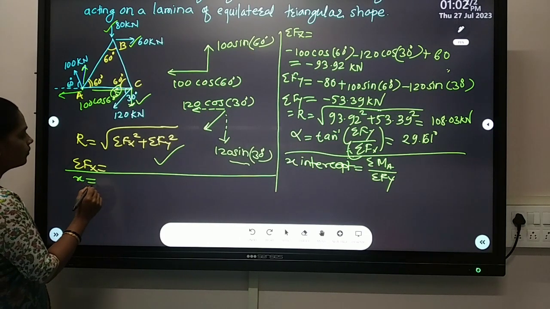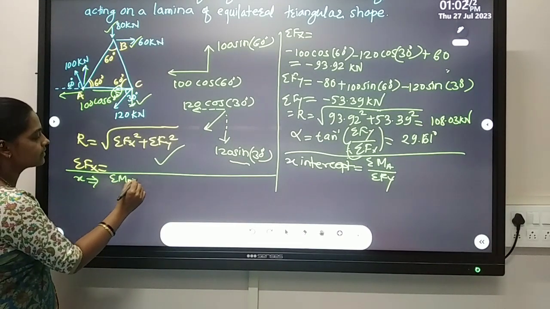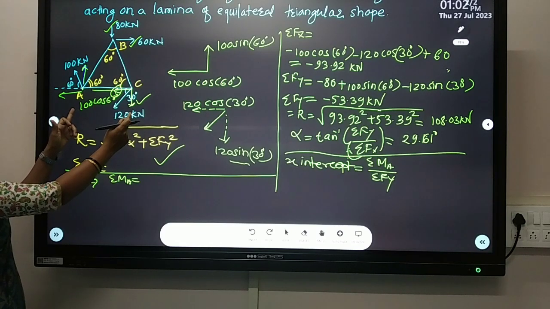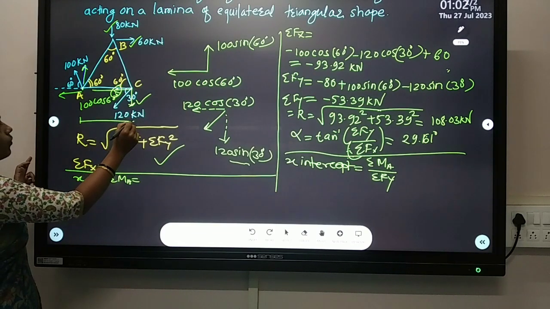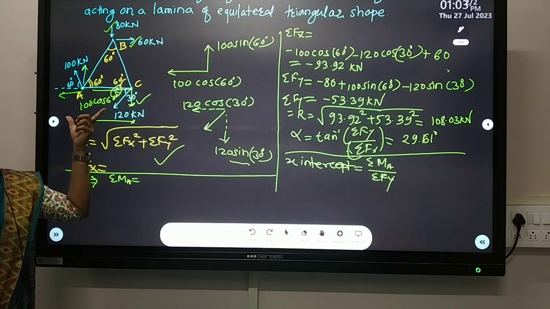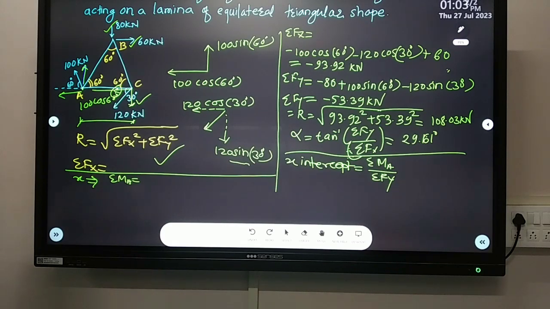So first of all we will calculate summation of moment at point A, which is equal to this vertical component into perpendicular distance. It is given, the base of the triangle is 100 mm, given here.